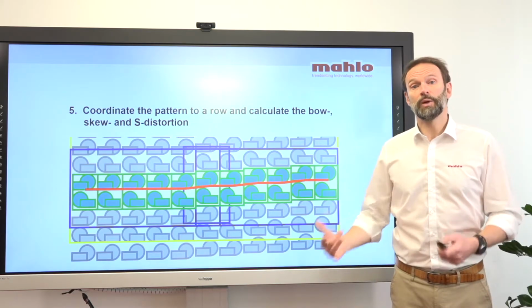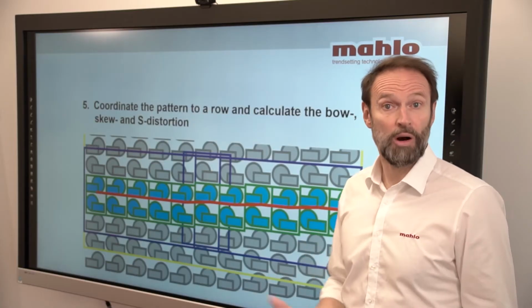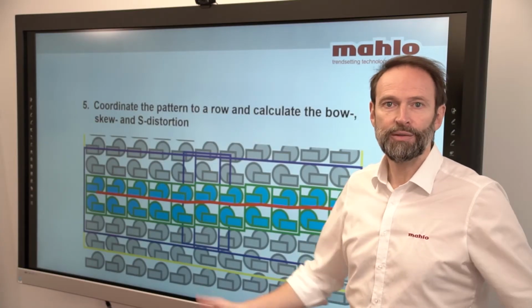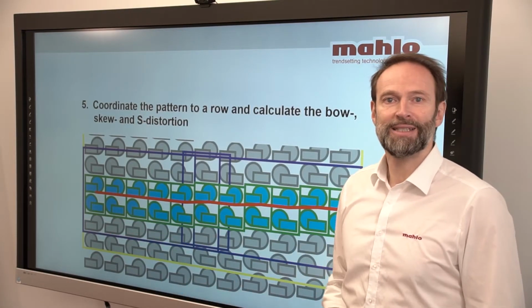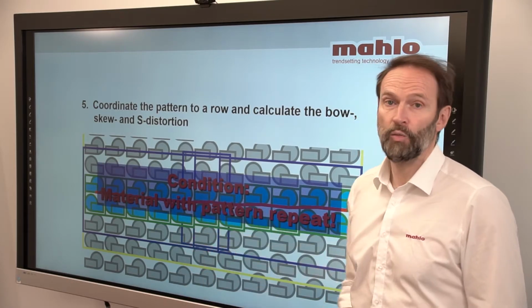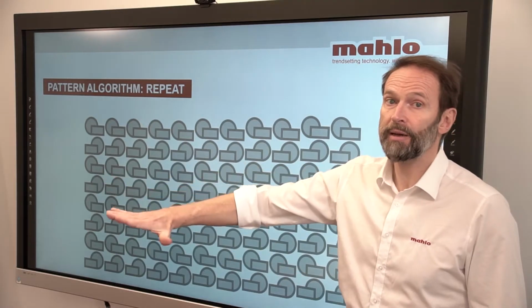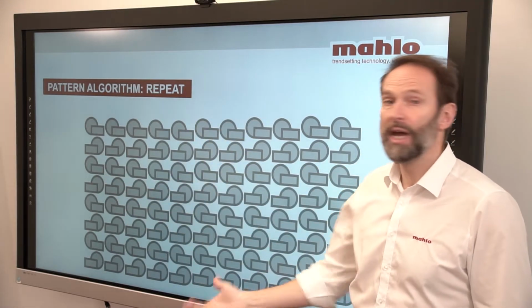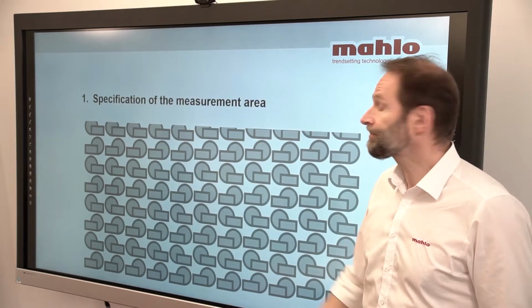And once we discovered that distortion, we give a signal to our weft straightener, and the weft straightener does what the weft straightener does. It makes things straight. So this is what we do for the correction of the straight fabric, but we also have to make sure that we have the right pattern and the right repeat.